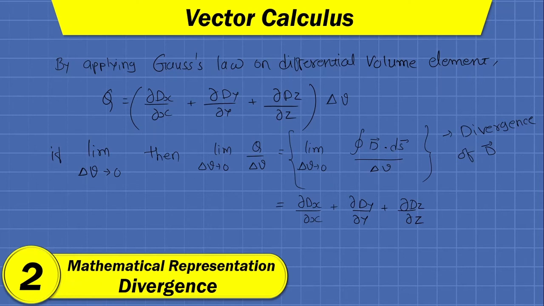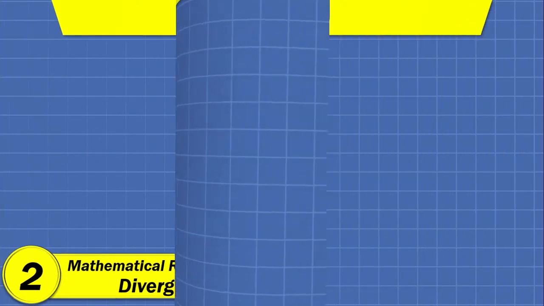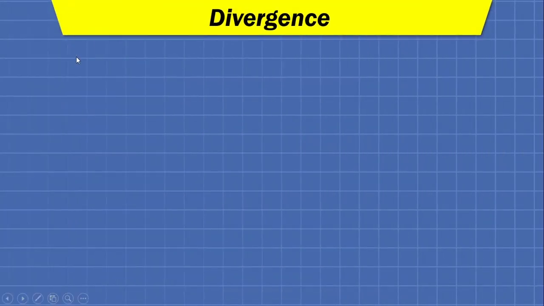So we can write the divergence of any general vector, say divergence of a bar. It is also shown with the del operator. So if you want to show the divergence, then you can use nabla dot a bar.